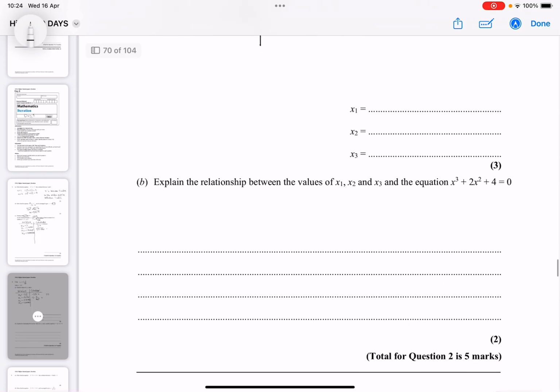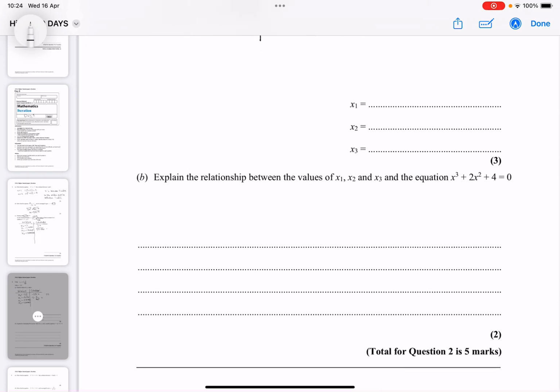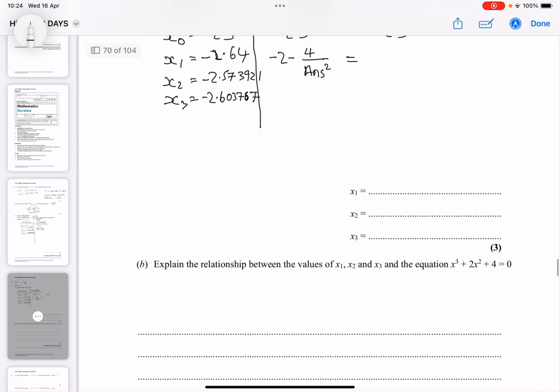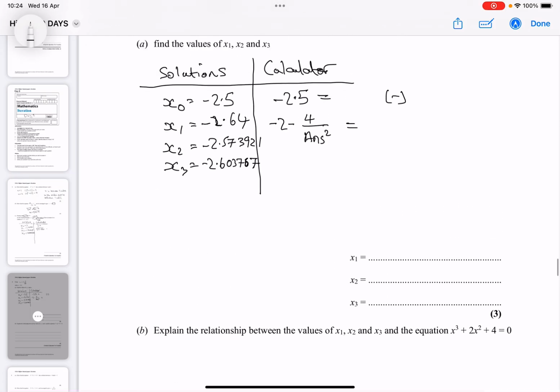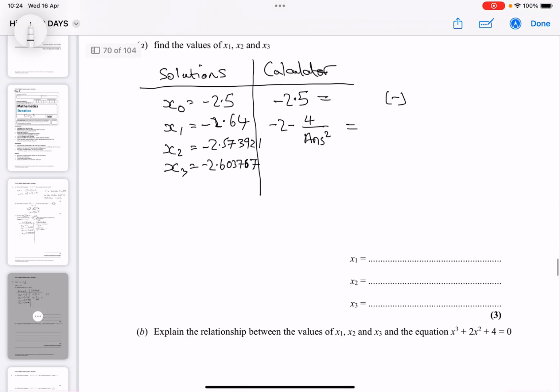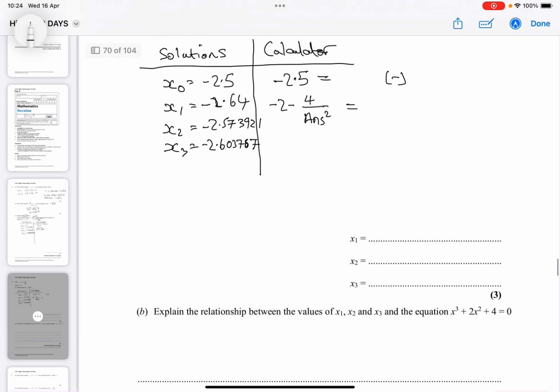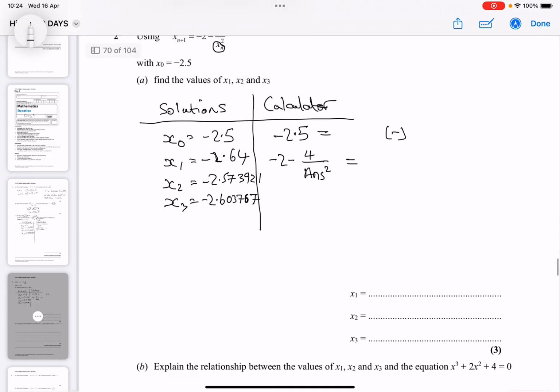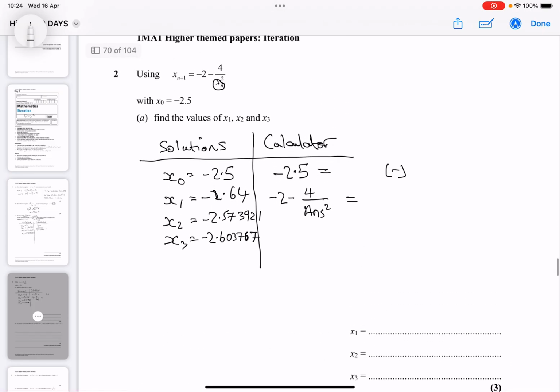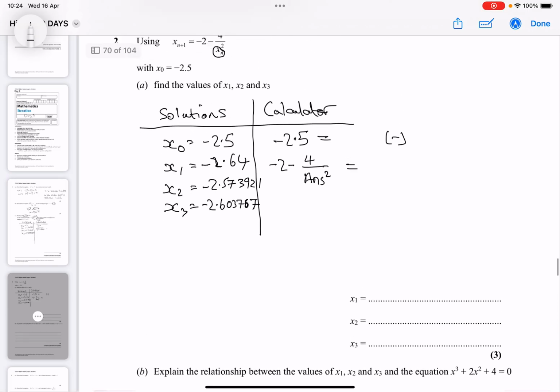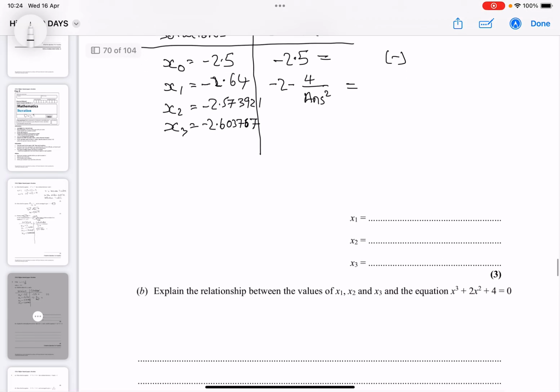Explain the relationship between the values of x1, x2 and x3 and the equation x cubed plus 2x squared plus 4 equals 0. Now the fact that this has been rearranged, let me have a look.